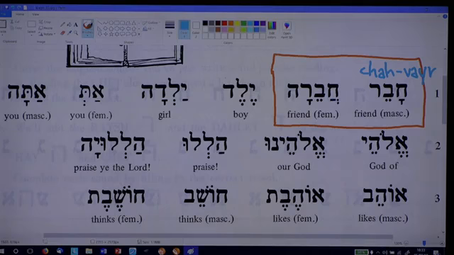This is, remember those 2 little dots? We're going to ignore them. The same sound for this chet. We got the same exact letters there. The chet, the vet, the resh. But now we pronounce the end of that a little different. So that's spelled or pronounced, transliterated, cha, ve.